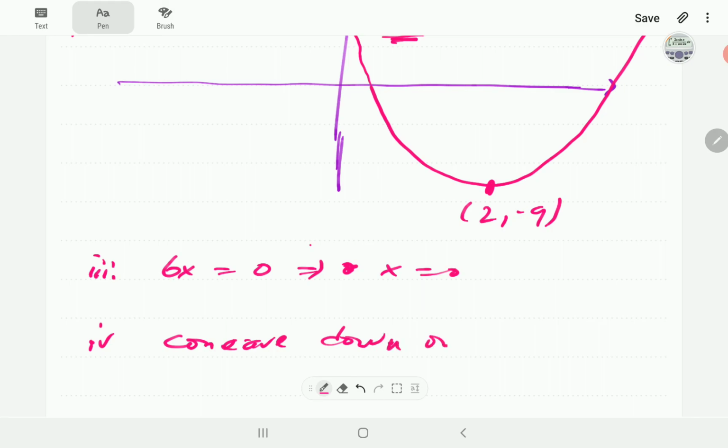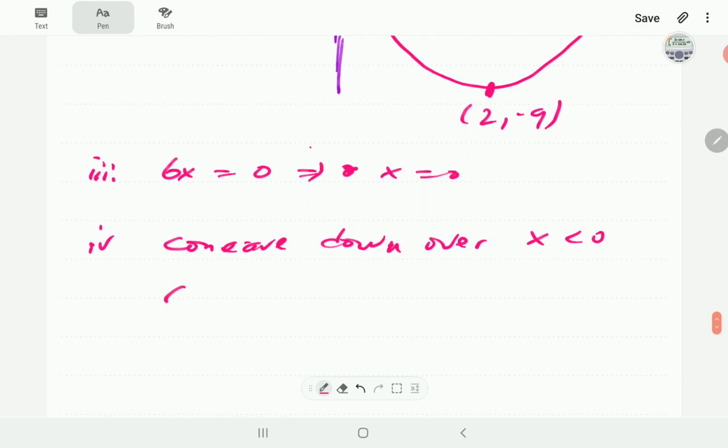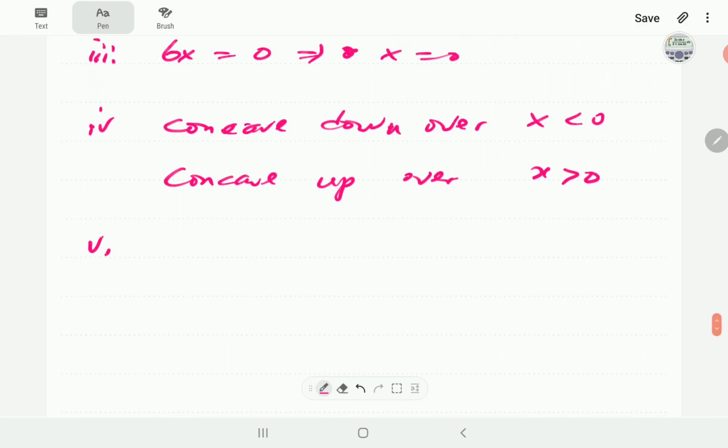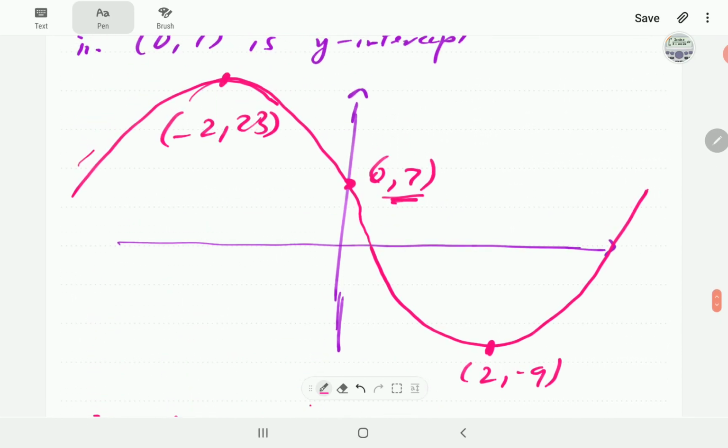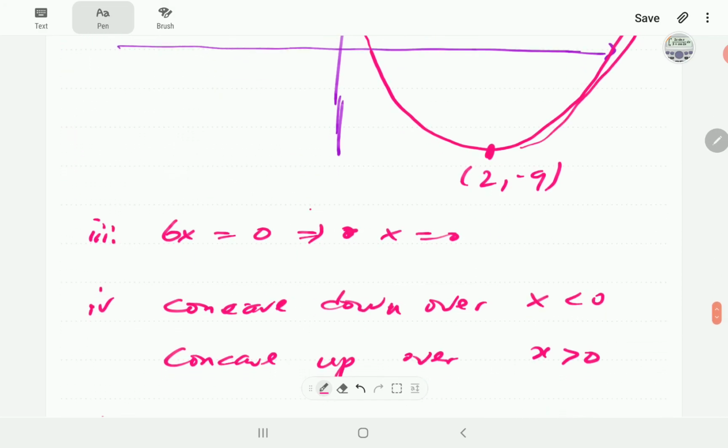Then the graph is going to be concave down on the left of the inflection point. So concave down over, let's just say x is less than 0. And then concave up over x is greater than 0. And then lastly, the graph is increasing on the left of -2, and on the right of 2.